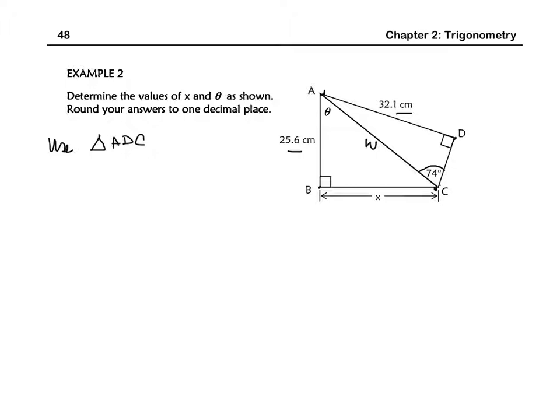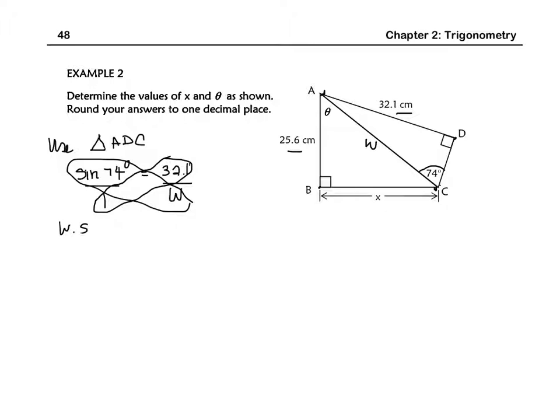So I can use sine. Sine of 74 degrees is the opposite, which is 32.1, over the hypotenuse, which is what I need to find. Because I'm looking for the side, I set it up so that I can cross multiply, and I get W sine 74 is 32.1.